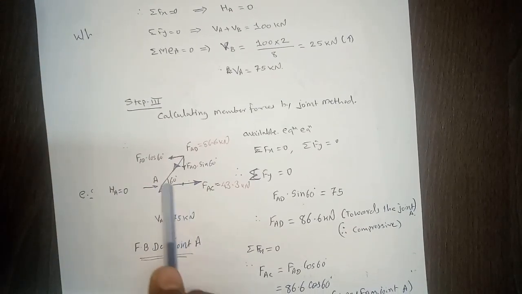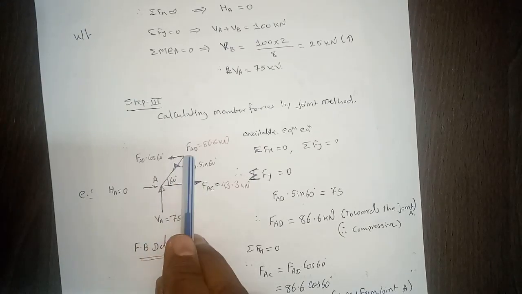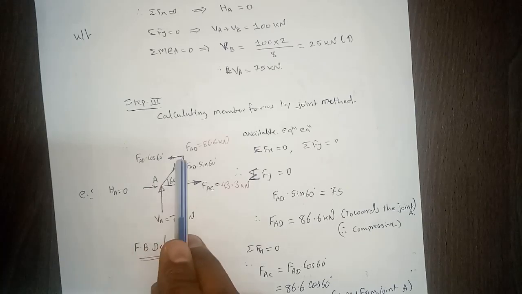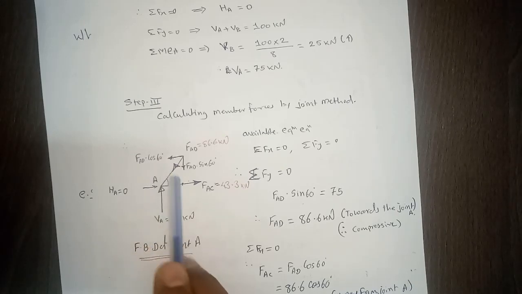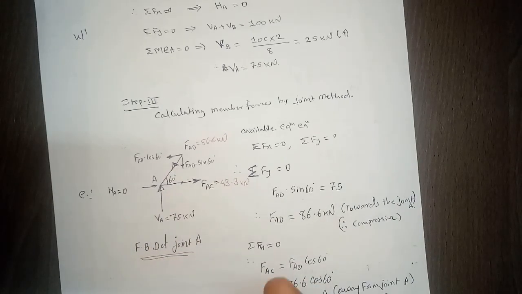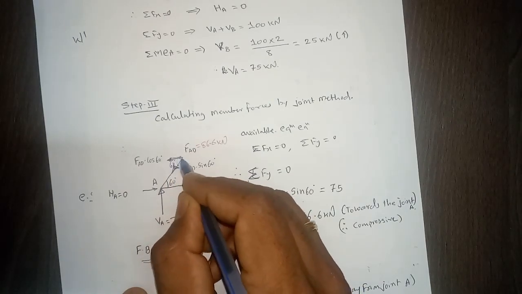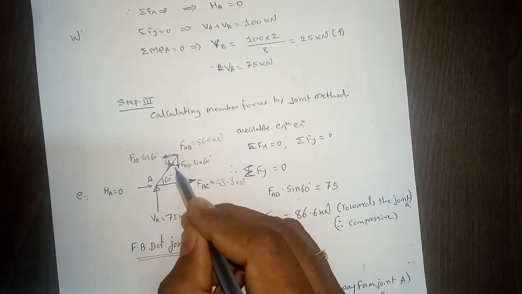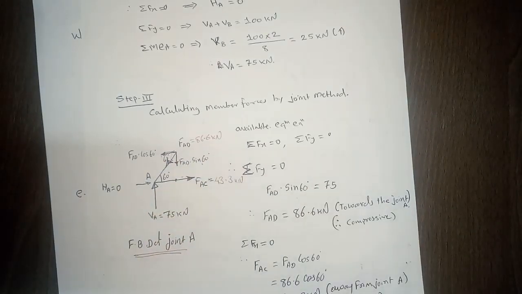Then second, the horizontal force AC and the horizontal component of AD, which we already know. The horizontal component will be FAD cos 60. Since this angle is 60, this angle will also be 60 degrees, so this is the adjacent side and this vertical is the opposite side. That's how the vertical component is sine and the horizontal component is cos.